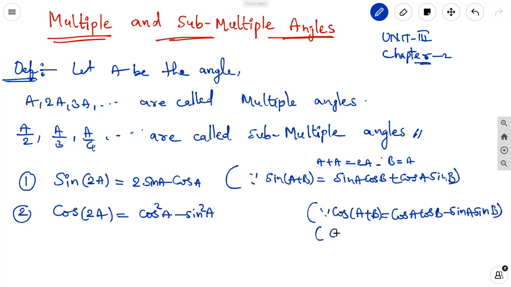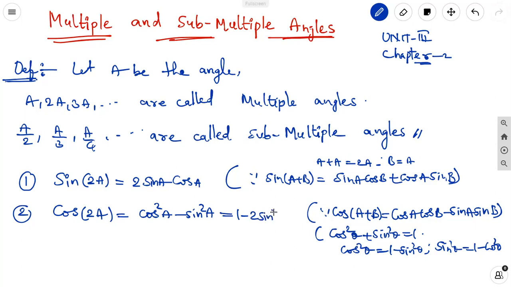And we know the identity. What is the identity? Cos square theta plus sine square theta is equal to 1. From this, we can write cos square theta equal to 1 minus sine square theta, and also sine square theta equal to 1 minus cos square theta. Replacing cos square theta with 1 minus sine square theta, it is 1 minus sine square theta minus sine square theta, that is 1 minus 2 sine square theta.